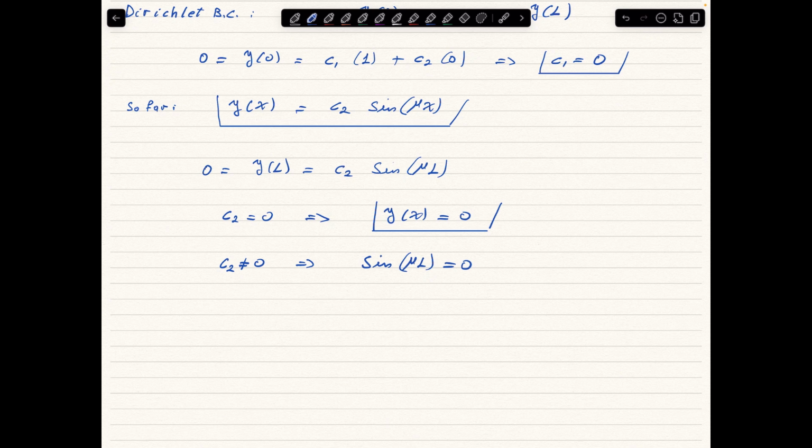But this equation has non-zero solutions. And actually, recall, this is an equation for lambda, because what was mu? Mu was nothing more than the square root of lambda. So this is an equation for lambda.